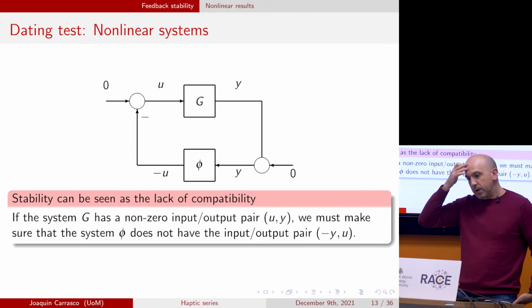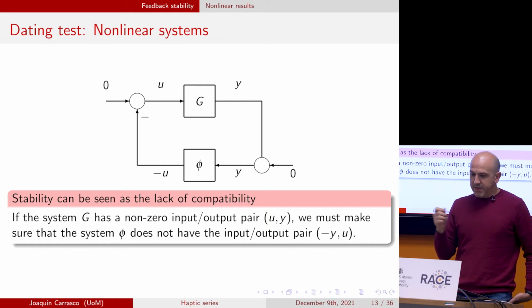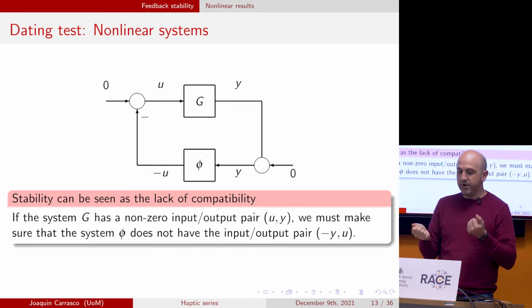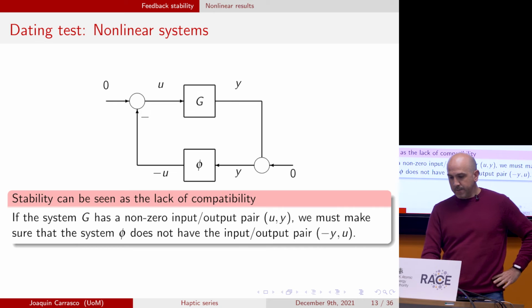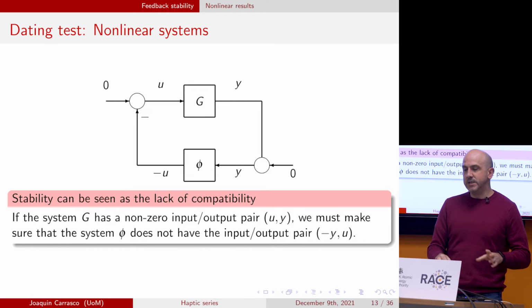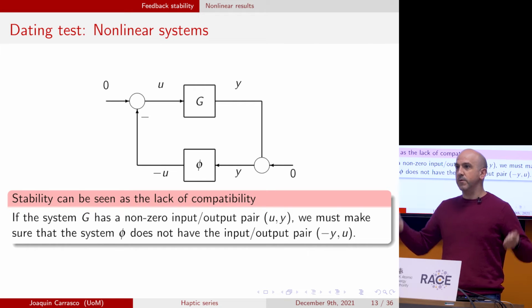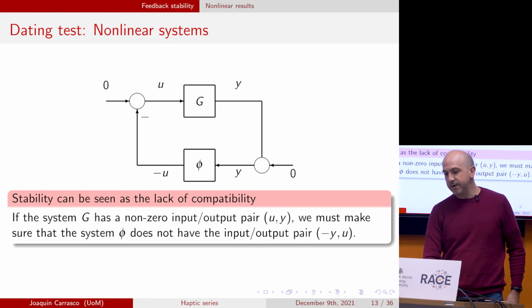So when we move to nonlinear systems, we can think of these two concepts, the passivity theorem and the small gain theorem, as a dating tool for checking if two systems are compatible for having the same input and output, or they are not. If we imagine this feedback interconnection where suddenly we switch off the power of my nuclear plant, or I switch off the power of my input, the input goes to 0.